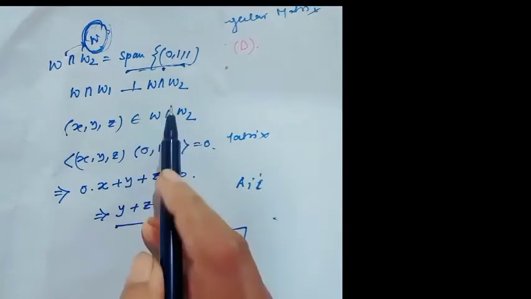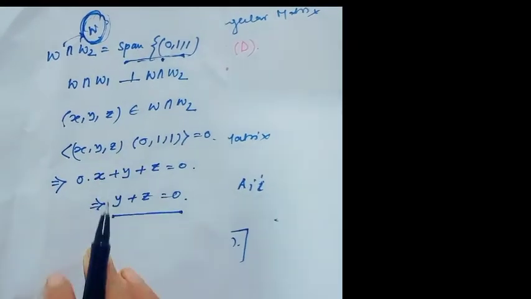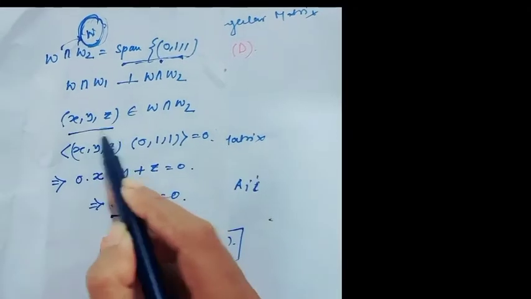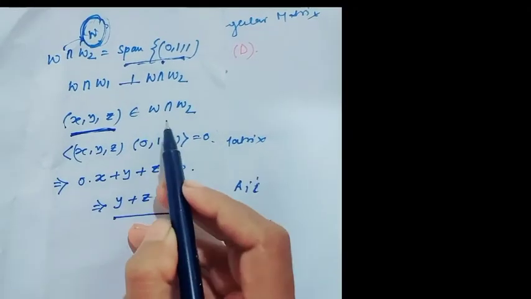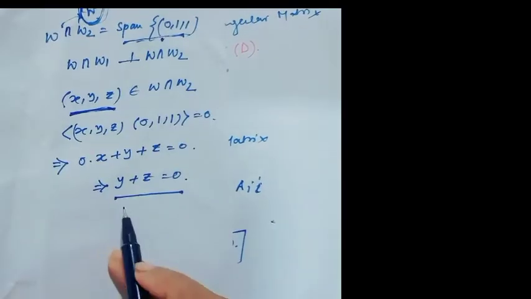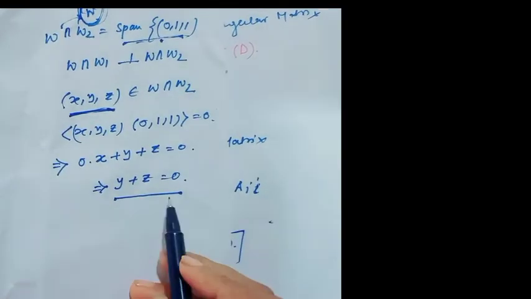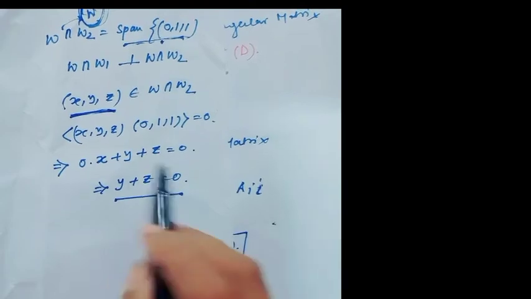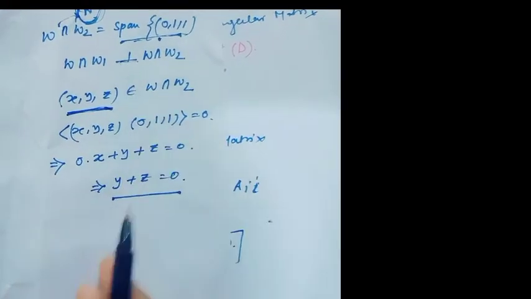From this orthogonality condition, for one arbitrary vector in the set W intersection W2, I have got the condition y plus z equal to 0.